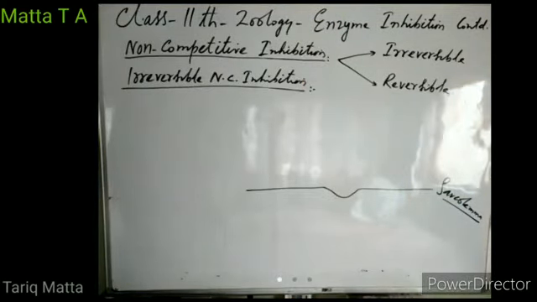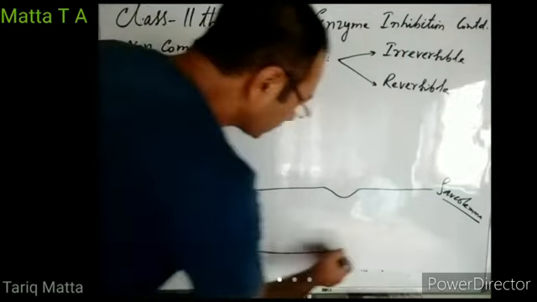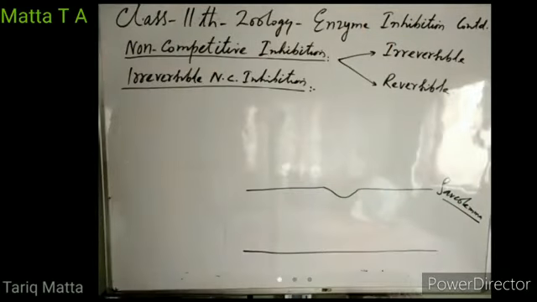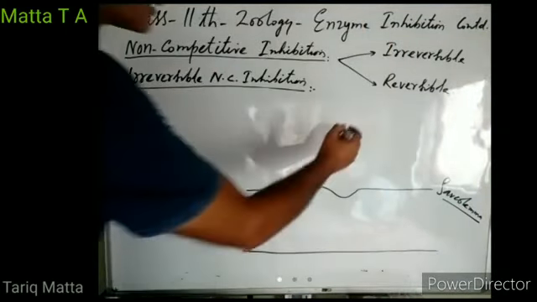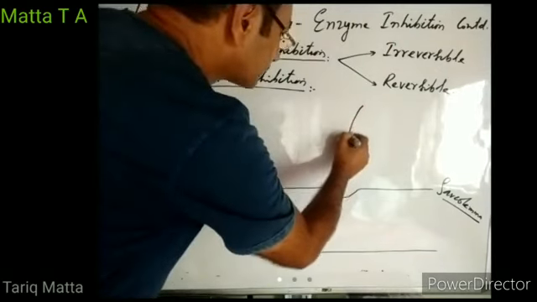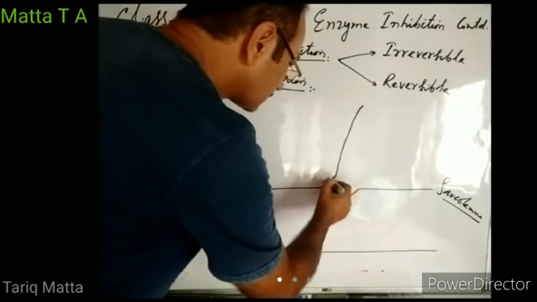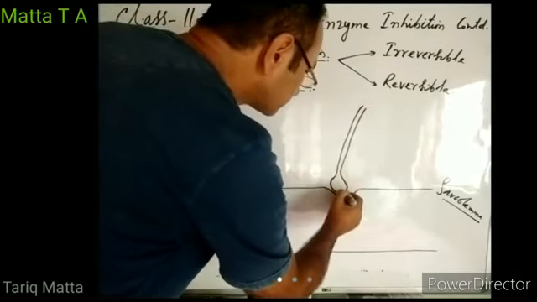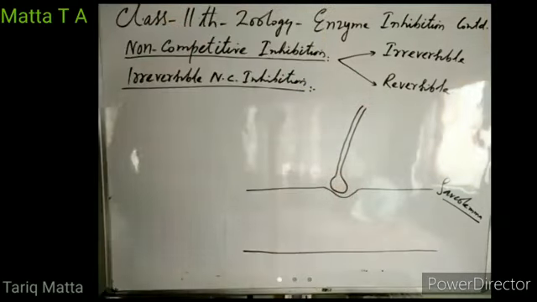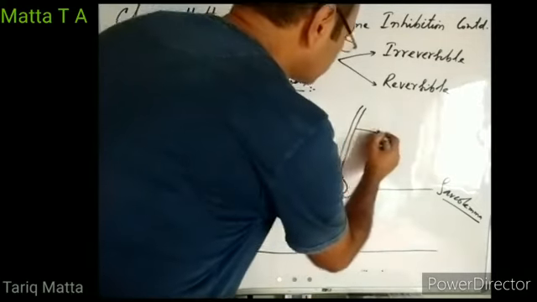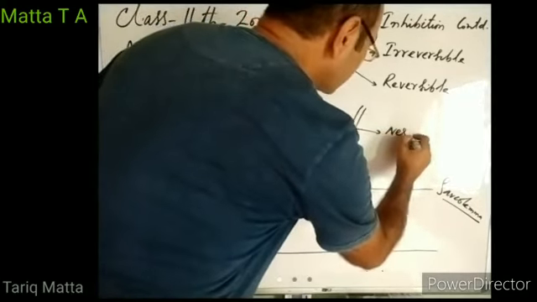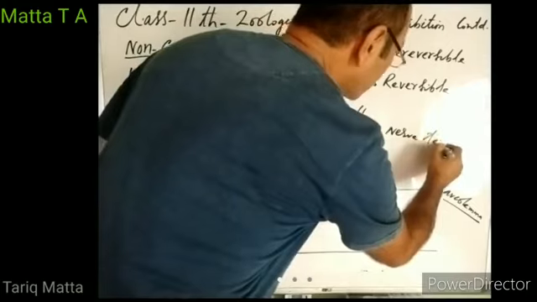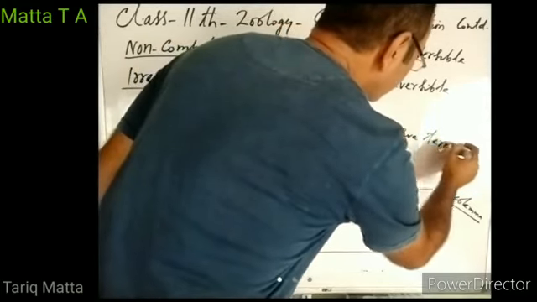These muscle cells contract only when they receive nerve impulses from our nervous system. So a nerve fiber brings a nerve impulse towards this muscle cell. This is a nerve terminal, the end of a nerve fiber.